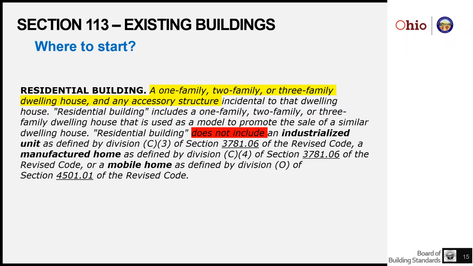And each one is referenced back to a statute, and it talks more specifically about what those types of things are. But those are not considered residential buildings. We'll talk a little bit more about industrialized units and manufactured homes a little bit later.